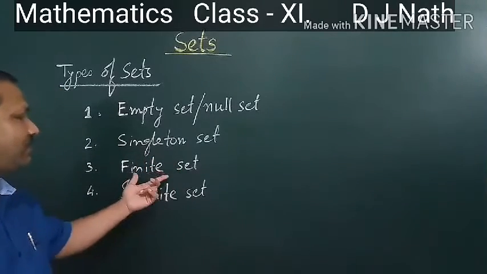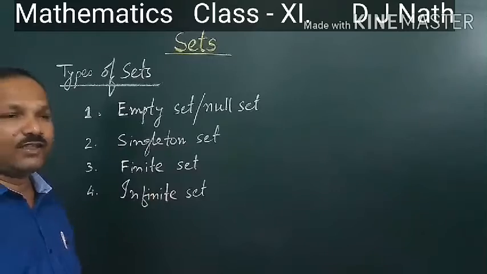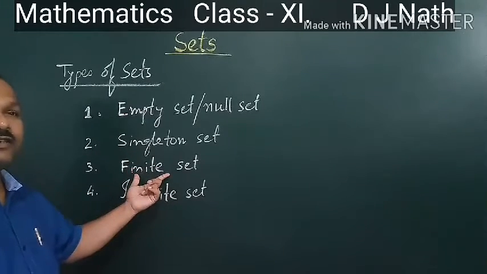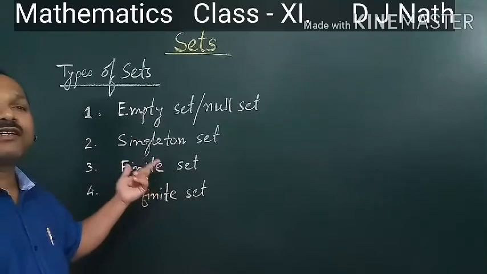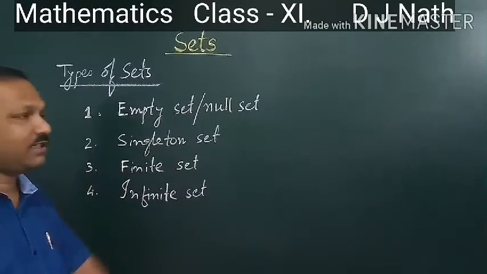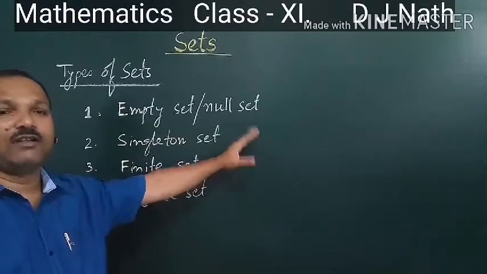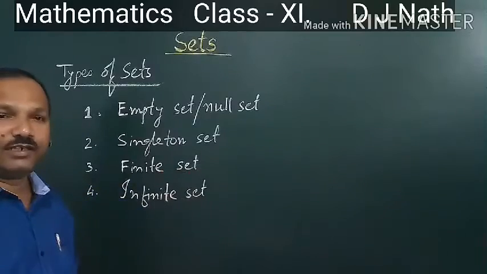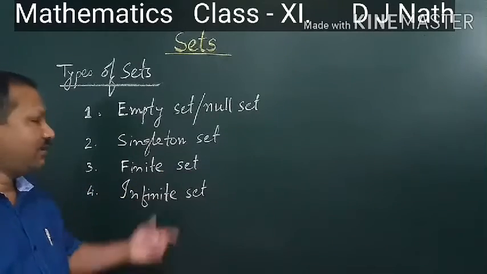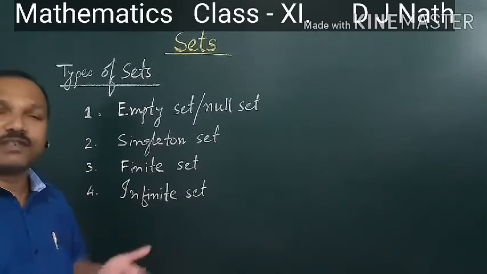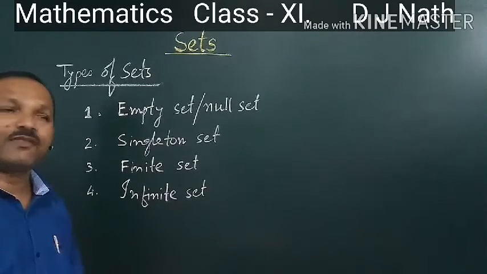Next, what is a finite set? A finite set means a set whose elements are countable. Finite means countable. Previously I showed an example: the set of integers from -2 to 3. It is countable. Also the set of natural numbers less than 10 is countable.